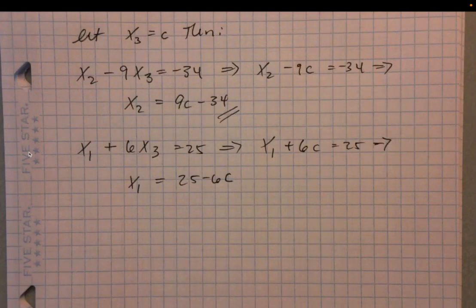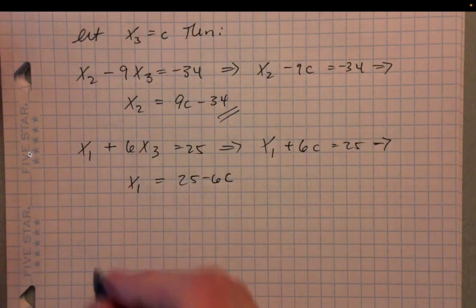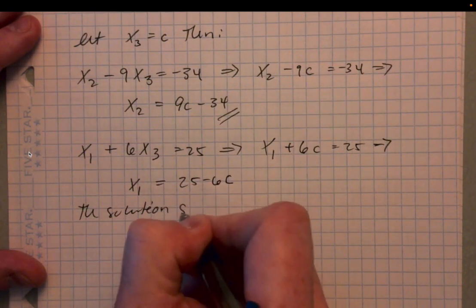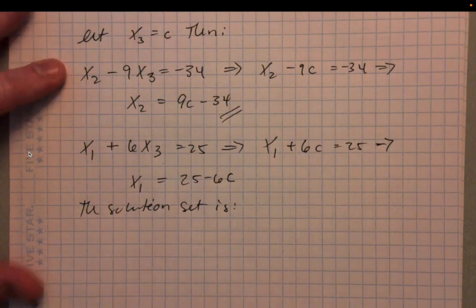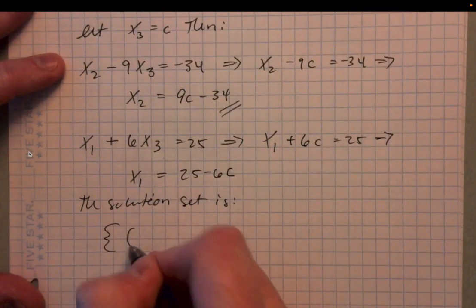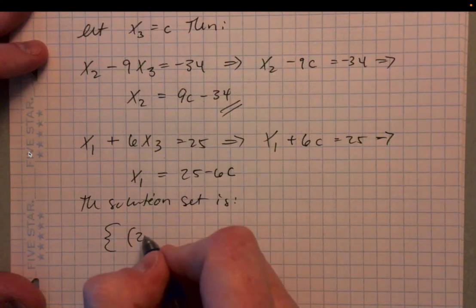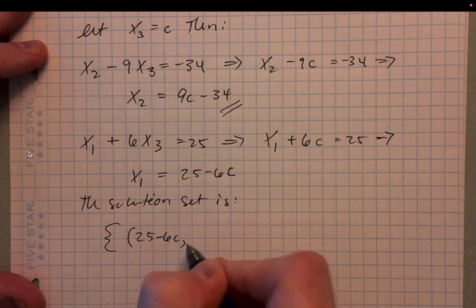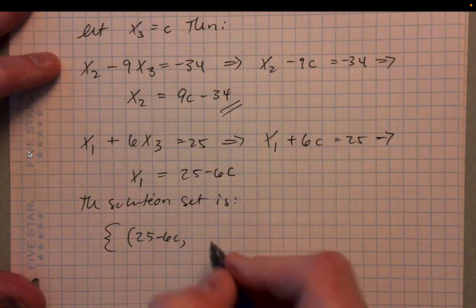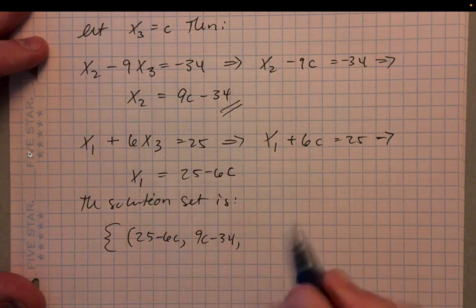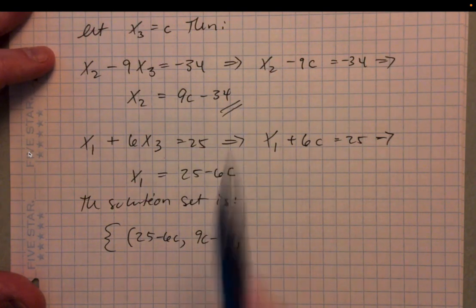And so then, what's the solution set? Well, it's going to be the following. x1 is 25 minus 6c. x2, we see, is 9c minus 34. x3 we defined as just c.